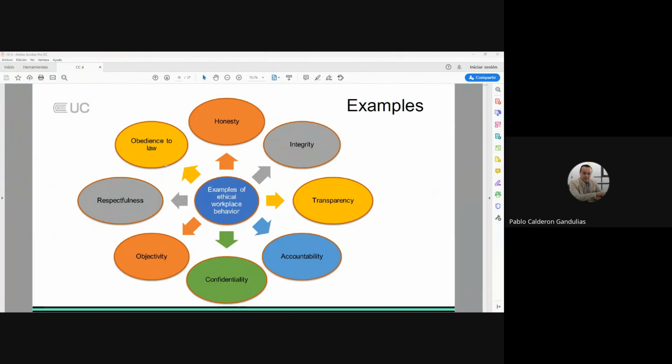And here are some examples of ethical workplace behavior. Okay, we mentioned them through the class, but here they are in summary. Okay, honesty, integrity, transparency, accountability, confidentiality. Okay, remember, these are examples of ethical workplace behavior.